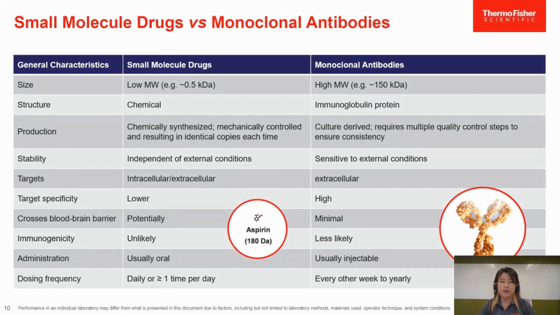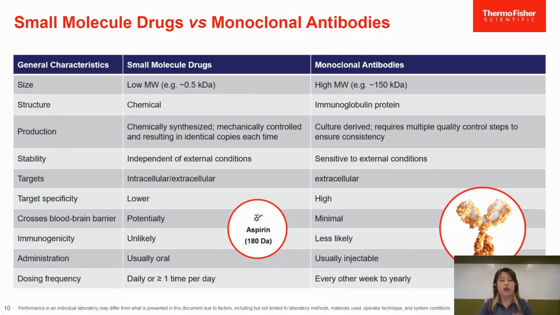And here are some comparisons between the small molecule drugs and the monoclonal antibodies. As you can see earlier, monoclonal antibodies have very distinct characteristics. Again, the molecule is really huge, around 150 kilodaltons. And this is a protein, so it should be culture derived, which means it requires multiple purification and quality control steps to ensure consistency. Again, the specificity is very high, and immunogenicity is low, but sometimes immunogenicity happens as well.